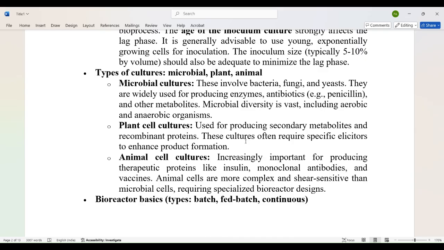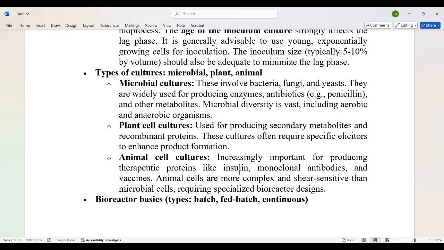For example, microbial cultures will have bacteria, fungi, or yeast, and they are applicable for the production of enzymes, antibiotics, and other metabolites. Whether they are aerobic, requiring the presence of air for their metabolism, or they want a complete absence of air, that is anaerobic organisms.